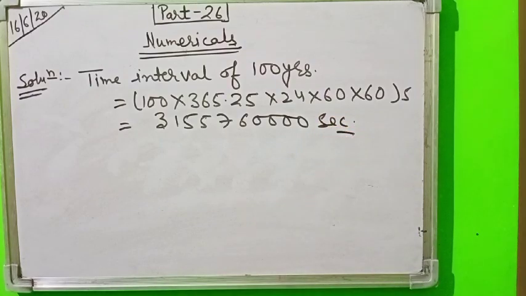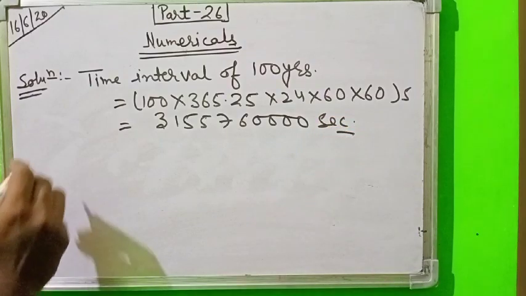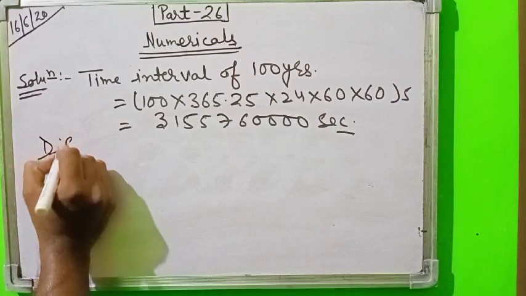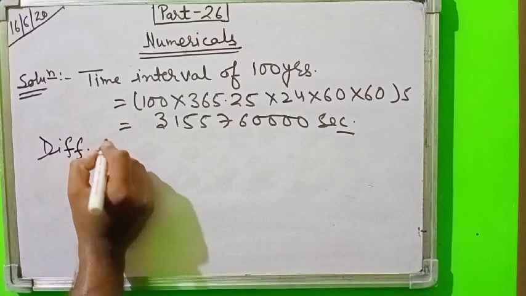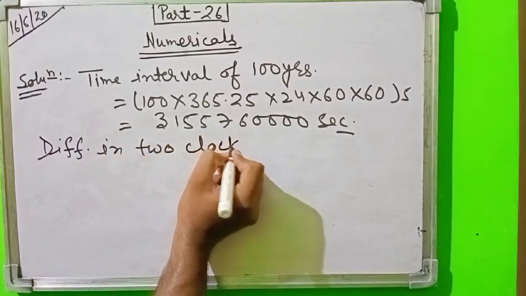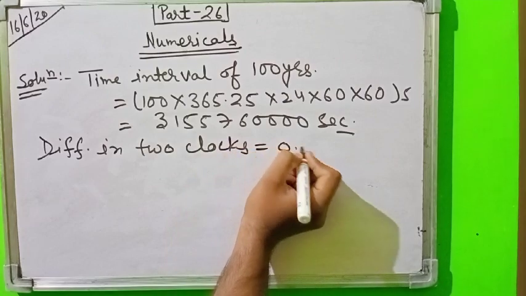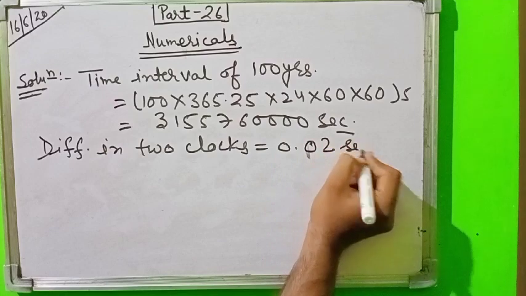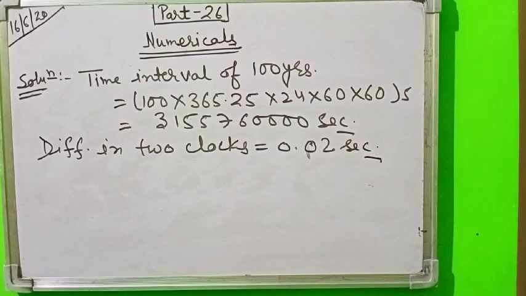This will be the time in second. Difference in two clocks, it is given in the question, is equal to 0.02 second.